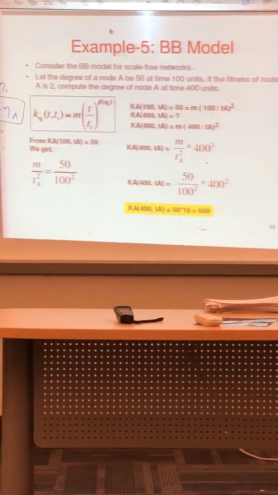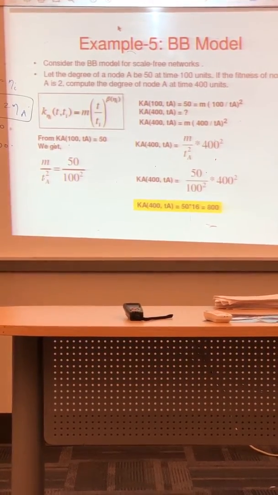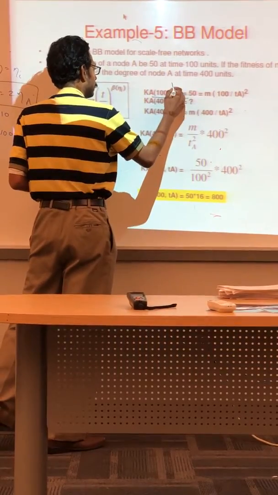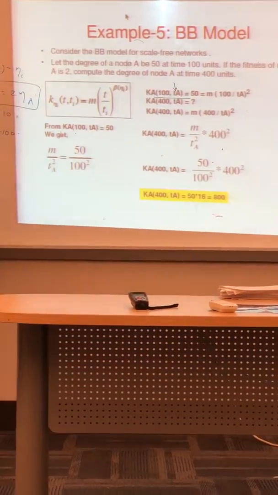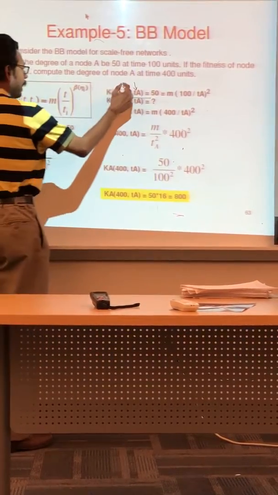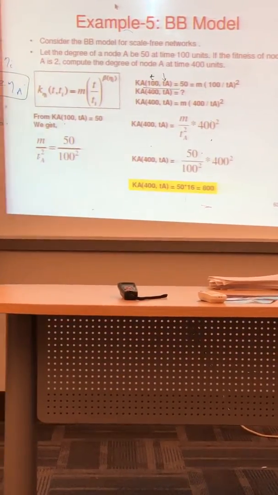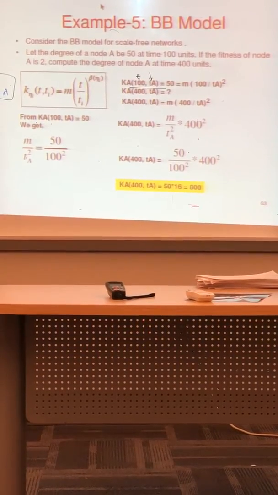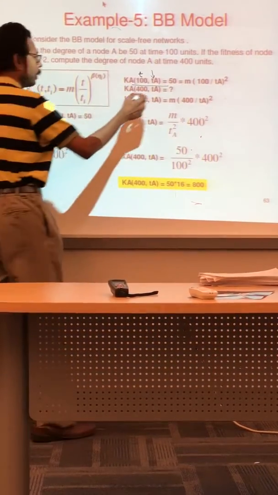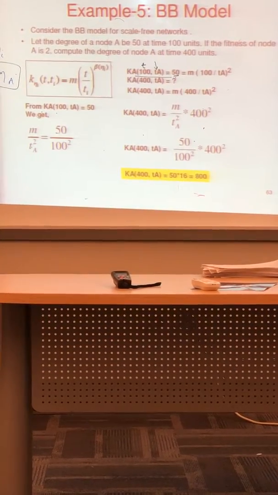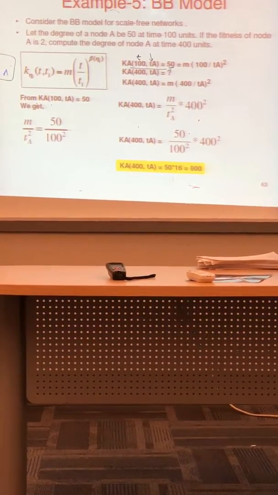So first write down what is given. You're not given the joining time, so note that. What you're given is at time t, which is 100 units, the degree of node A is 50, and the fitness of node A is 2.